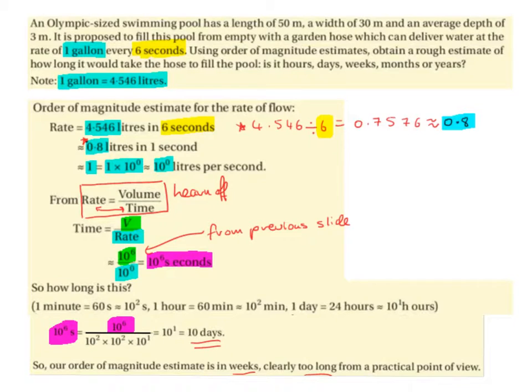That's really 10 to the power 5. And 10 to the power 6 divided by 10 to the power 5 is 10 to the power 1, which is 10 days. So our order of magnitude estimate is in weeks, which is clearly too long from a practical point of view. So we would estimate that it would take weeks to fill the pool using a hose.